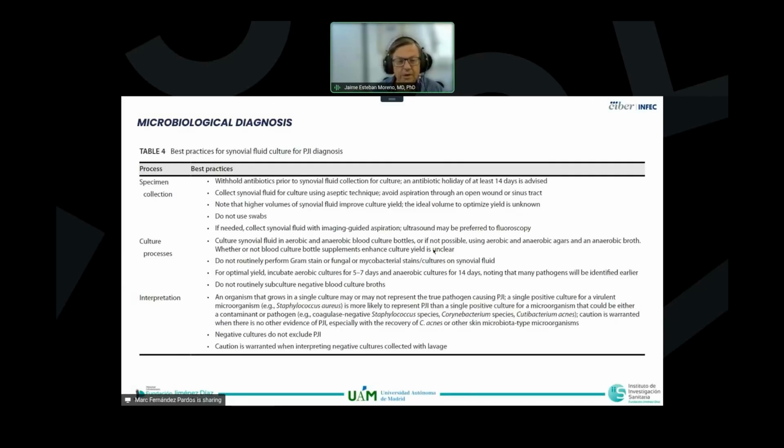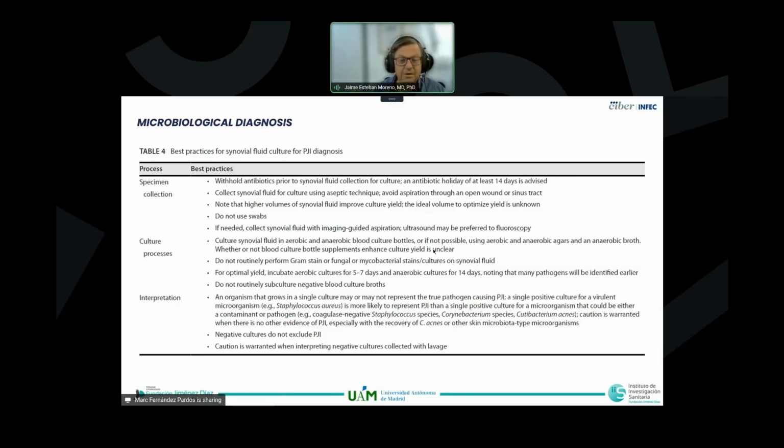If virulent microorganisms grow, it is more probable that this microorganism is the cause of the infection. However, if the microorganism detected in synovial fluid is a common contaminant or a pathogen of less pathogenic potential, like coagulase-negative staphylococcus, Corynebacterium or Cutibacterium acnes, it must be carefully interpreted because it can be a contamination and not a true isolate or a true cause of the infection.